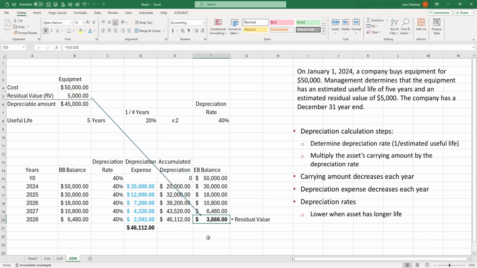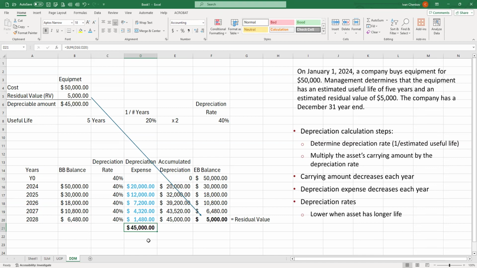the $5,000. So how much will be the depreciation that we have to take on the balance of 6,480 in order to bring it to 5,000? Well, obviously, you can easily do it: this amount minus the residual value, and it's going to give you the amount.